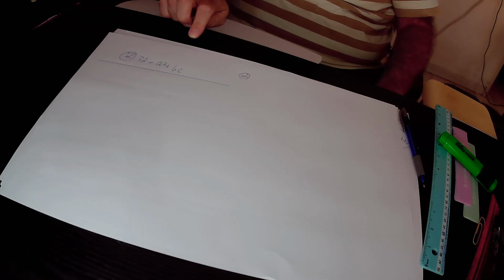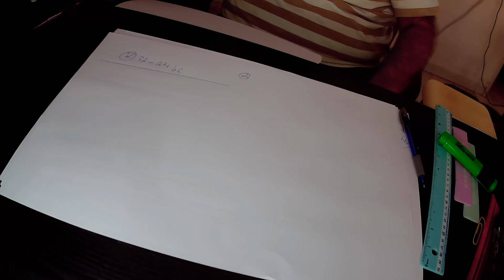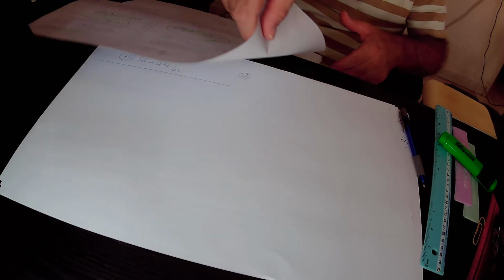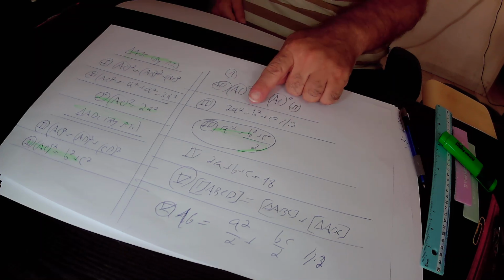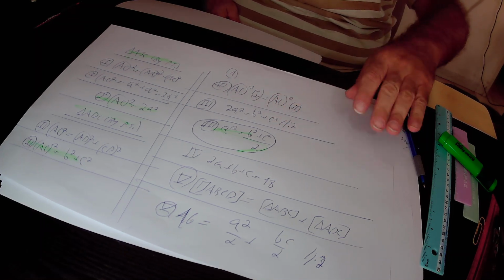But according to equation 3, we already found that A square equals B square plus C square over 2.